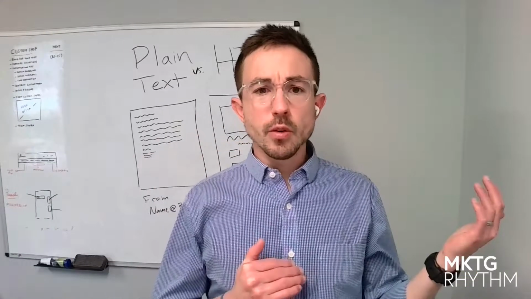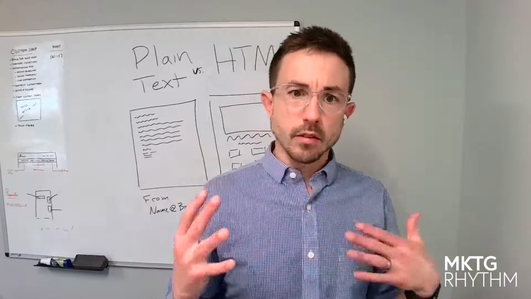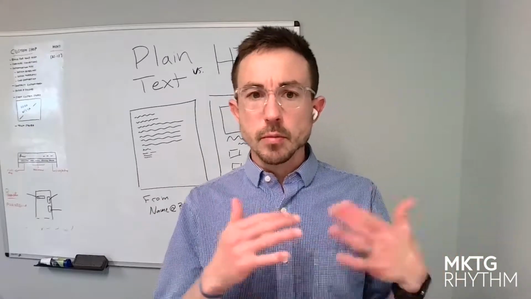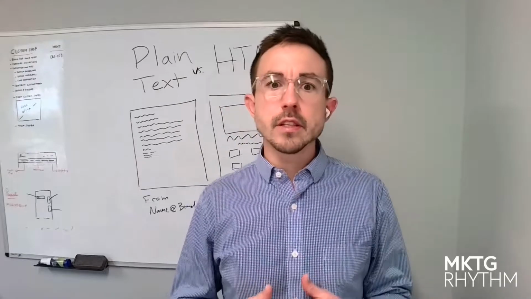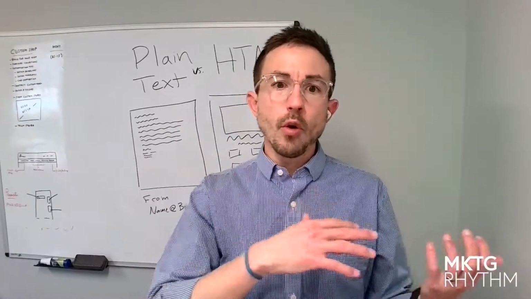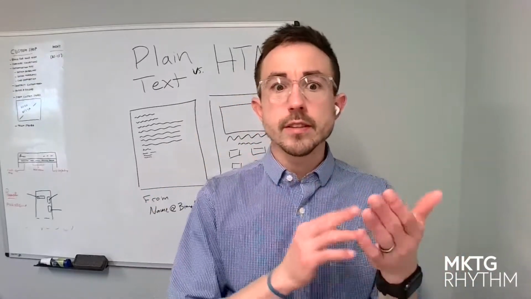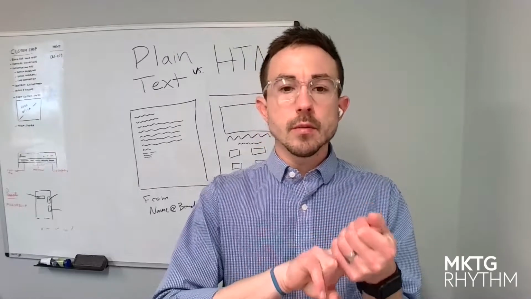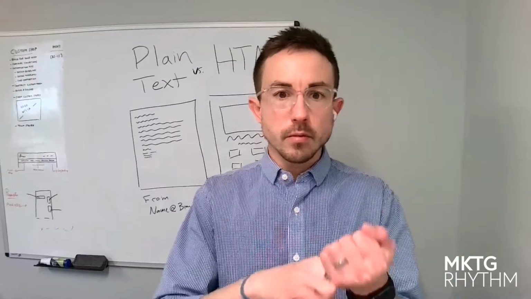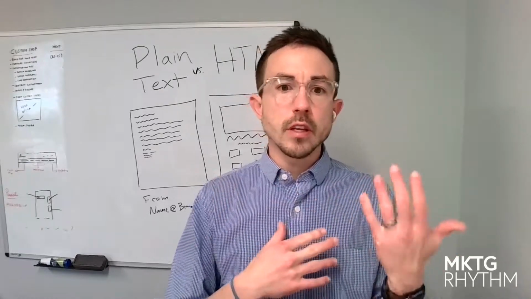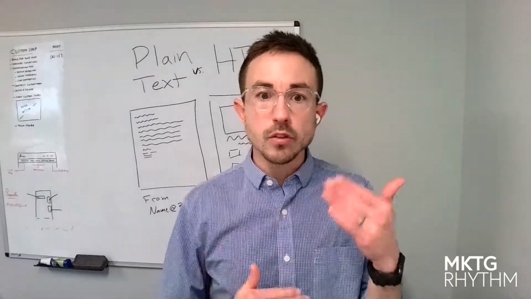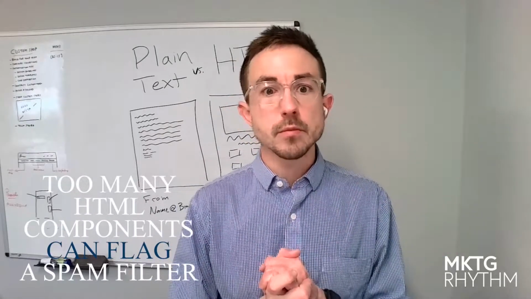Okay, so how do HTML and plain text emails stack up in terms of deliverability? There are a few components that play into this. Both are going to be delivered in the same way, though some may be picked up differently or display differently on different service providers. Also, if you add too much to the email, too many HTML components can flag a spam filter.